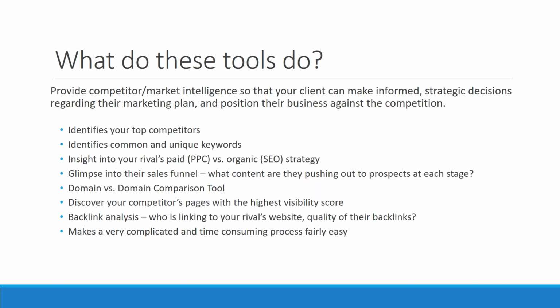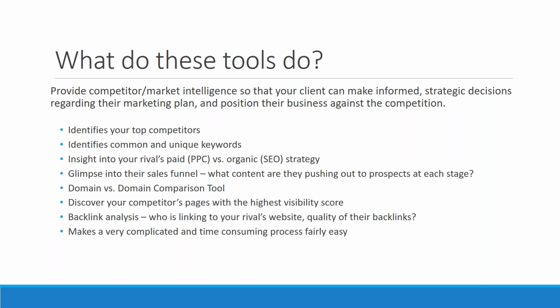so that clients are accurately identifying who their top competitors are. Because believe it or not, quite often clients don't know who, digitally in the internet world, their true competitors are. They don't realize perhaps that the keywords they put in are really not the keywords that their true customers are typing into Google when they're searching for something.